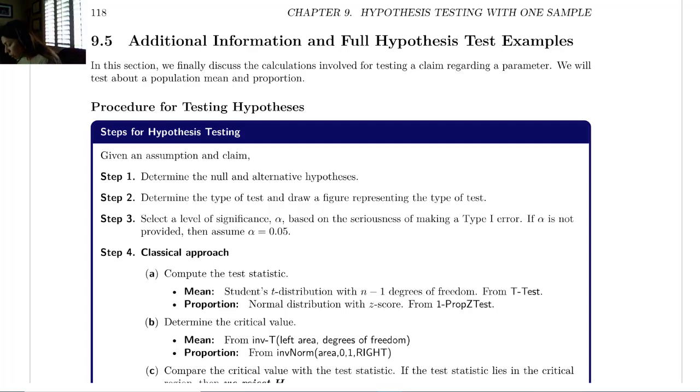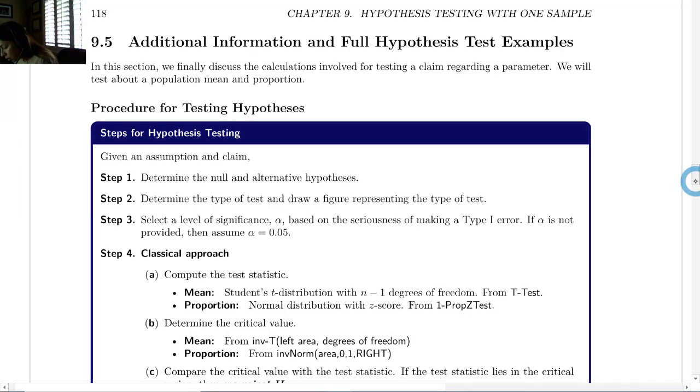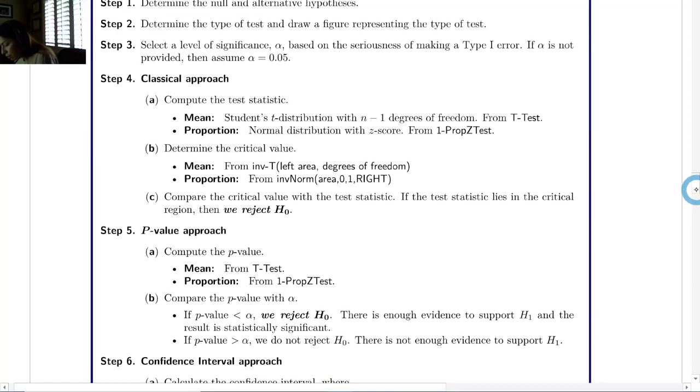Okay, so here is the method. First we've got to read the problem and give it an assumption and a claim. Step one is to determine the null and alternative.